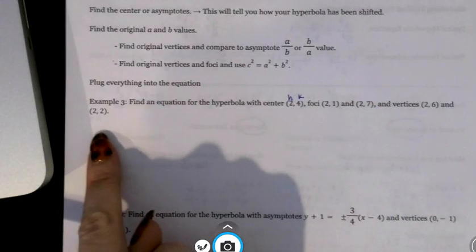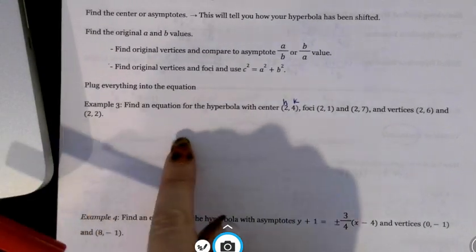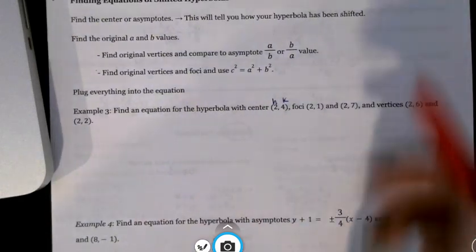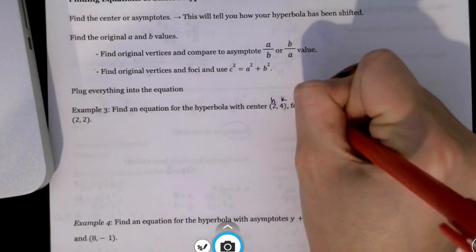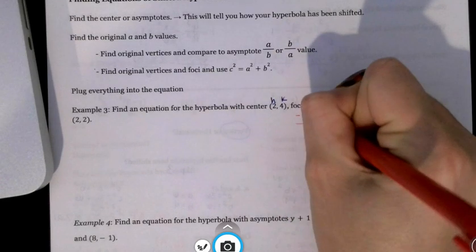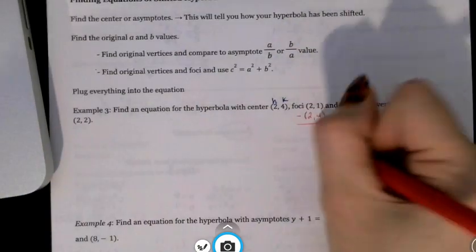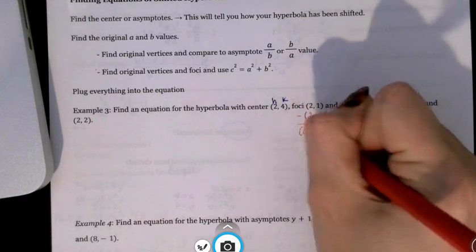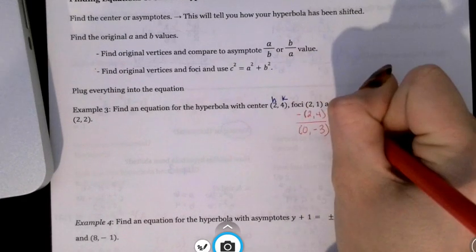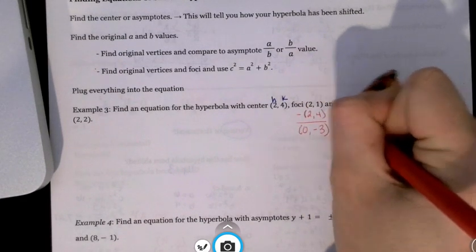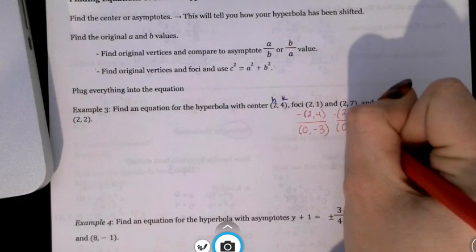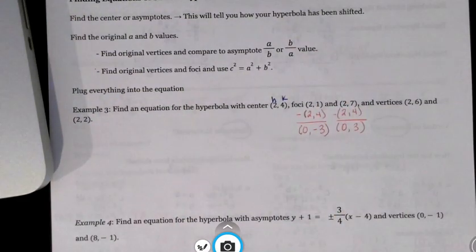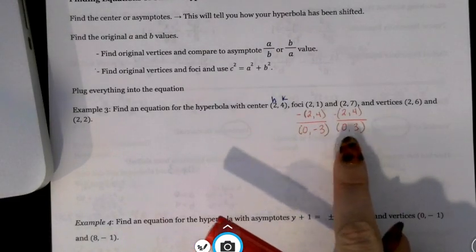You can do it long ways. I am going to actually just write it underneath here. So I am going to subtract 2, 4. And so when I do that, well, 2 minus 2 is 0. 1 minus 4 is -3. I'm going to do it for this one as well. Subtract those. 2 minus 2 is 0. 7 minus 4 is 3. So my original foci are at 0, -3, and 0, +3.